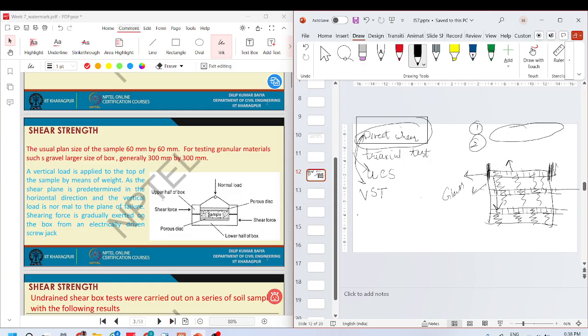But if there is only the spring, there will be no resistance to the movement of the spring. But because this material has a lower permeability, the flow of water through it is low.